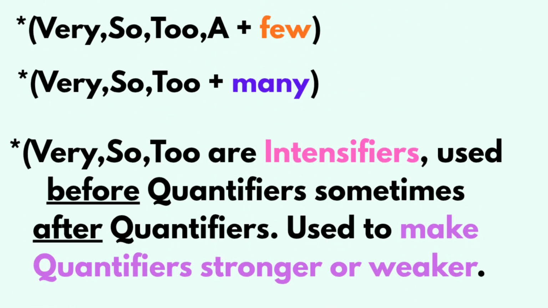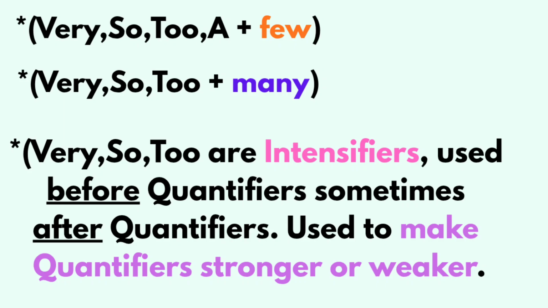So look at intensifiers. Very, so, too, and the article a. These are intensifiers. We use these intensifiers before few and many. You can say very few books, so few books, too few books, a few books, very many people, so many people, too many people. Very, so, too are degree adverbs.